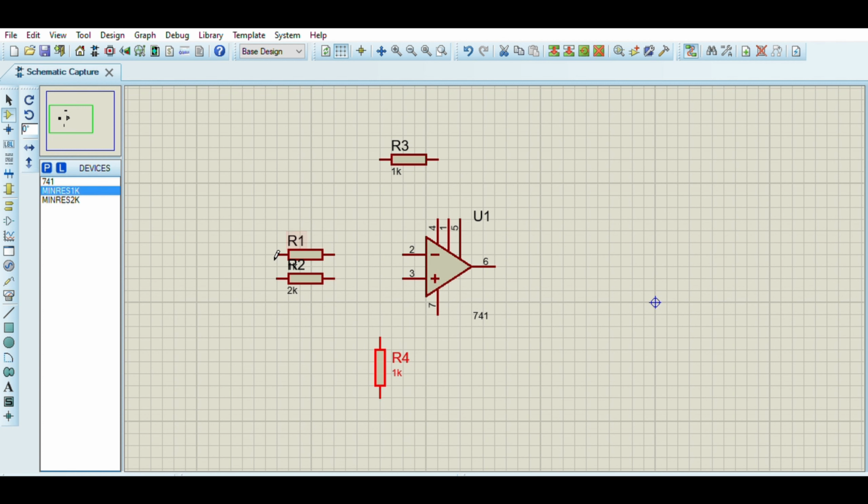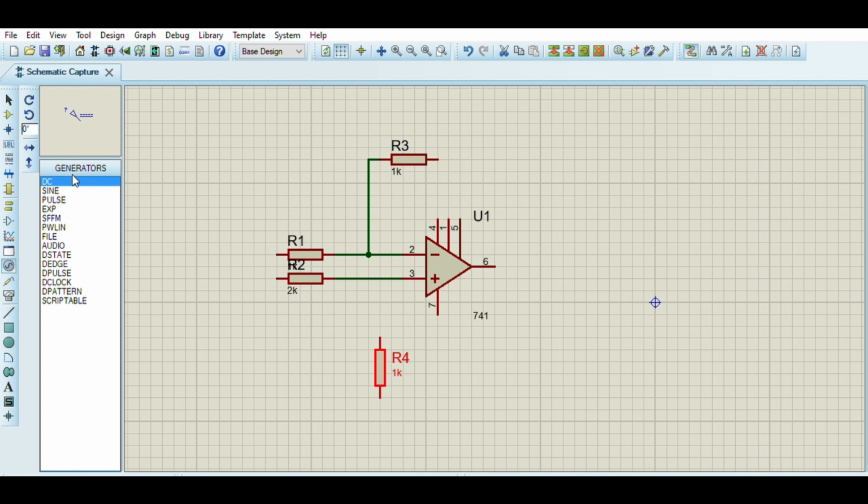These two resistors are connected with the DC generators. So we must take the DC generator and connect it with the resistor.